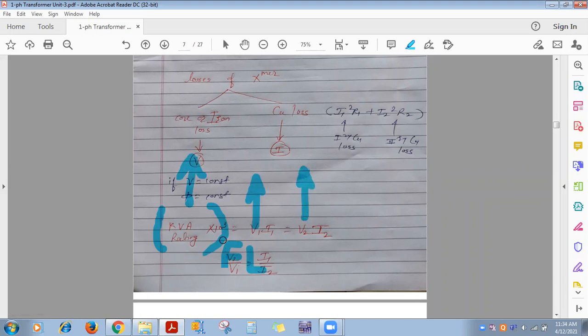Whenever I say KVA rating into 10 to the power 3 at full load, you have to use the KVA rating given in the specifications, that is, the nameplate of a transformer. The values of V1 and V2 you will use are the rated values, the ones given on the nameplate.